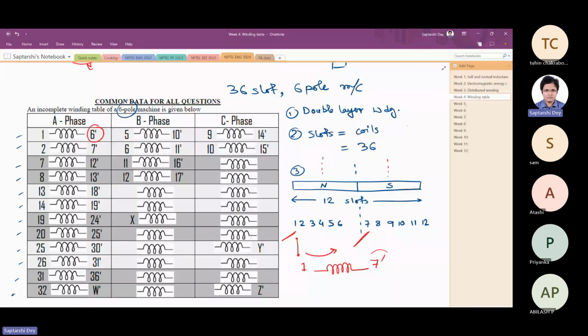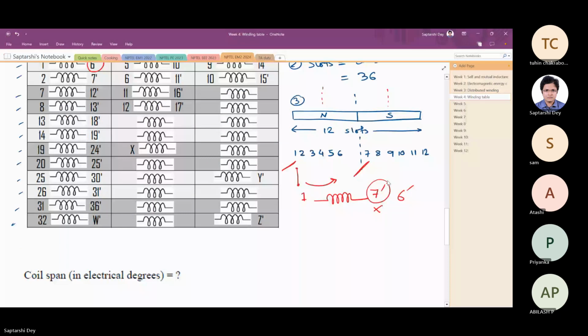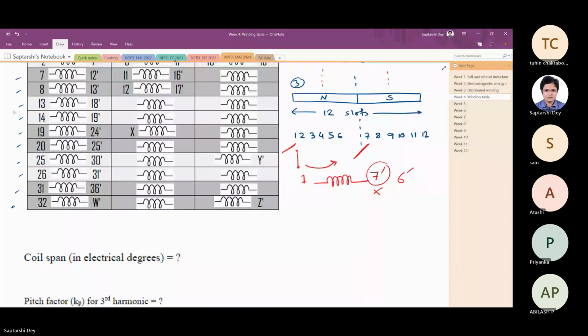So what does that suggest? It was supposed to come back at slot number 7. Rather, it doesn't come back at slot number 7. It does not complete a full pitch. It is short pitched. So it's a short pitch winding, not a full pitch winding.